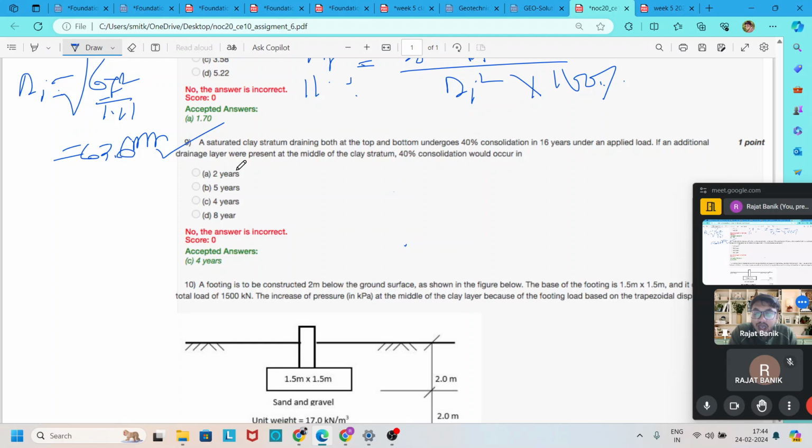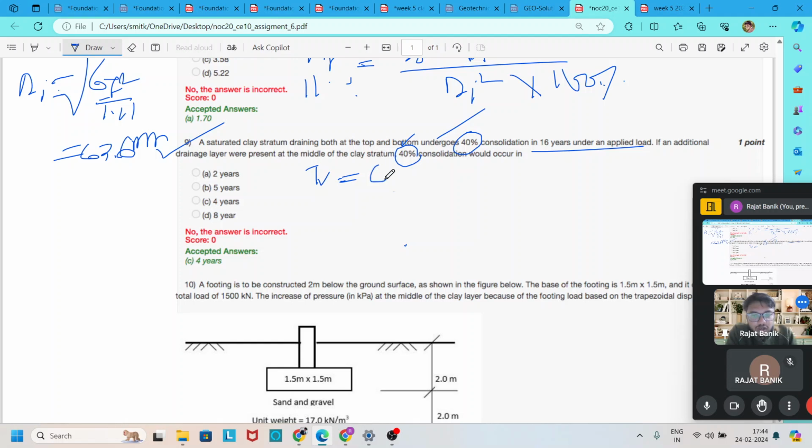If an additional drainage layer were present at the middle of the clay stratum, 40% consolidation would occur in how many years? So in both cases, the consolidation is the same and the soil is also the same. So our Tv, the time factor, is also the same because the degree of consolidation is the same.